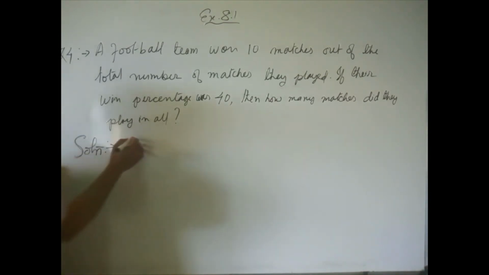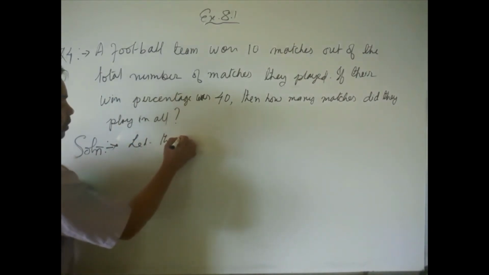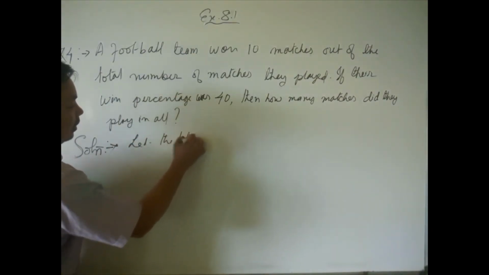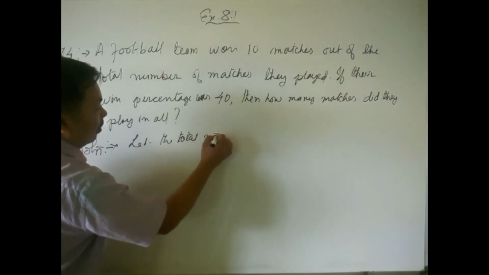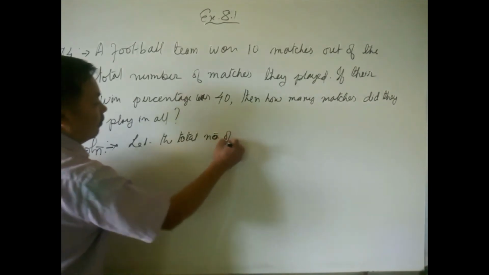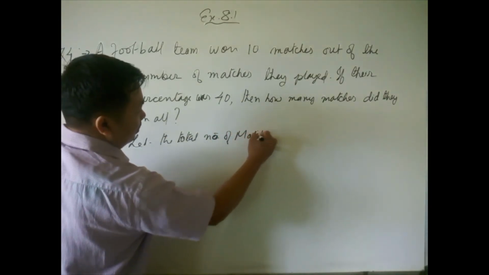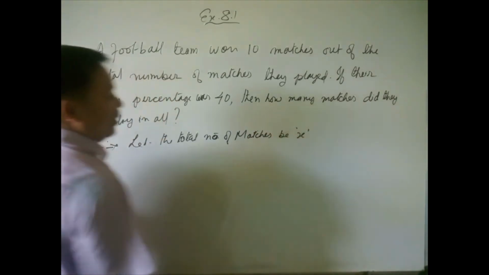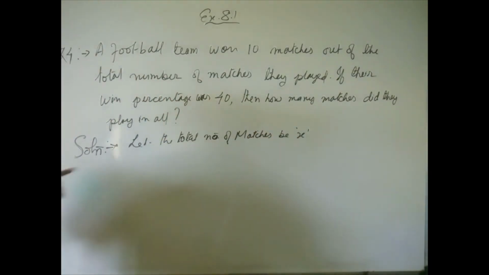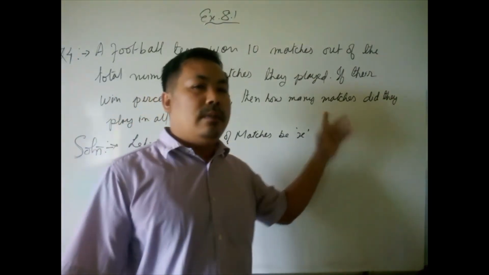Solution. Let the total number of matches be X. Now you see here we start taking such kind of unknown value because something unknown is there, isn't it?